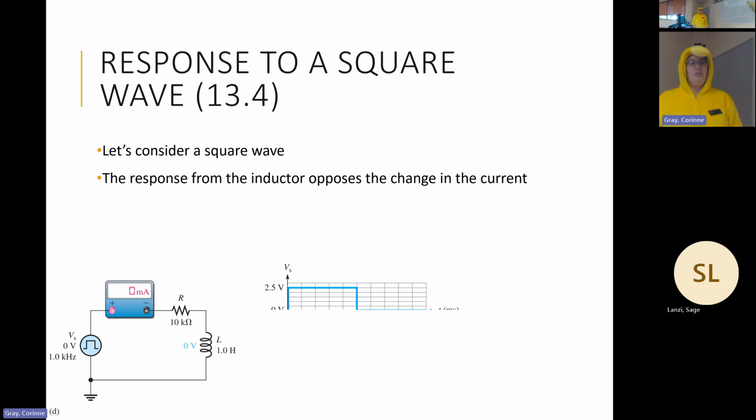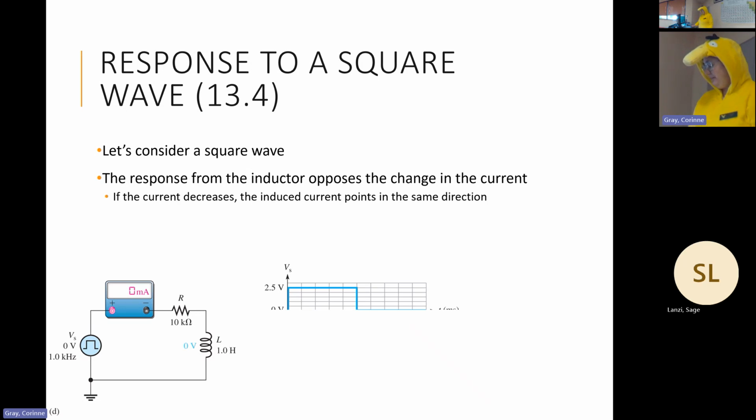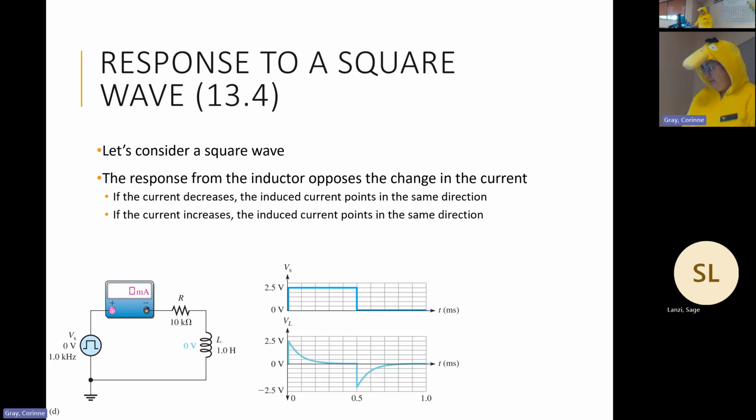I put that box in the wrong spot, so we'll skip along real quick. Here we have the voltage of the source and the voltage of the inductor, both plotted.